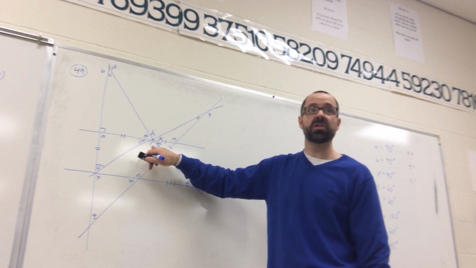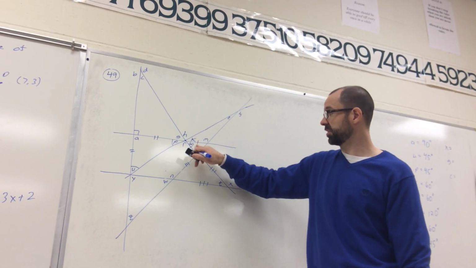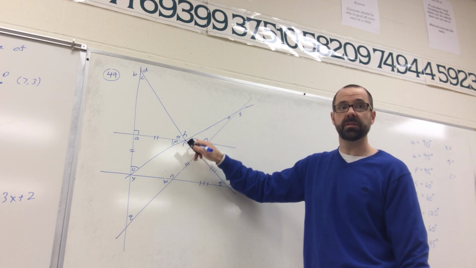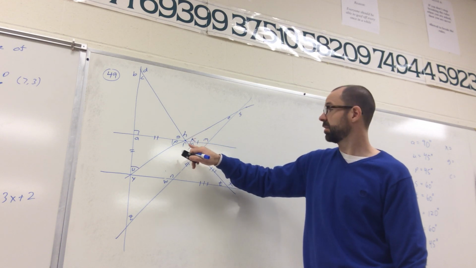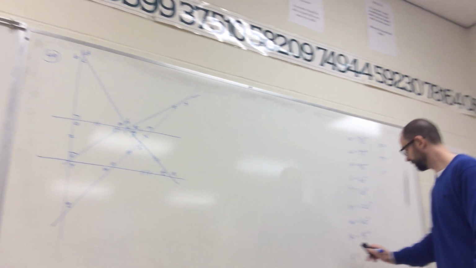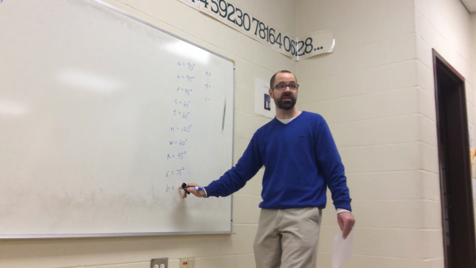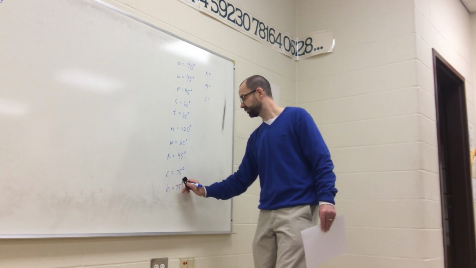And then that makes R 75. Because this is a full half rotation that adds up to 180. This is adding up to 105. So that's adding up to 75. So R is 75, and Charlie's exactly right, H is vertical with that. So that makes H 75 as well.